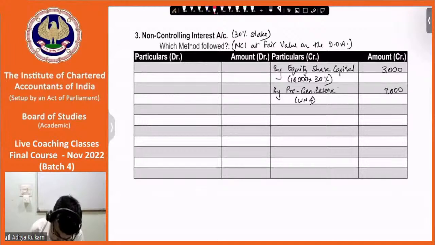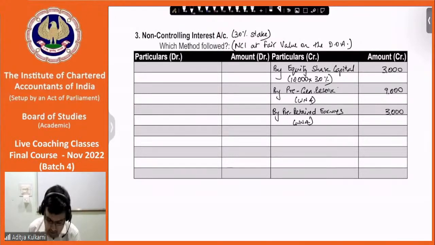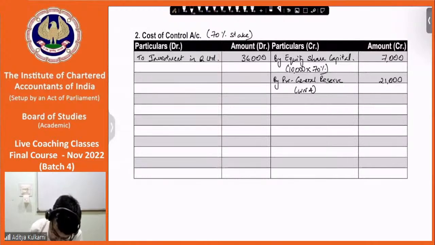Okay, so do the postings. By pre-retained earnings, working note 4, 3,000. By pre-retained earnings, working note 4, I think this is 7,000.